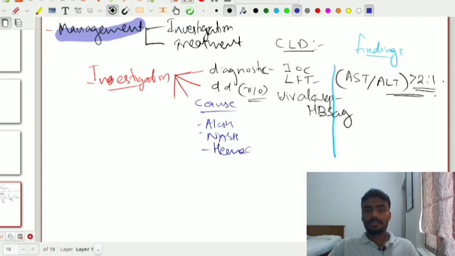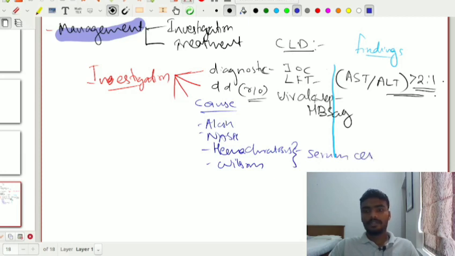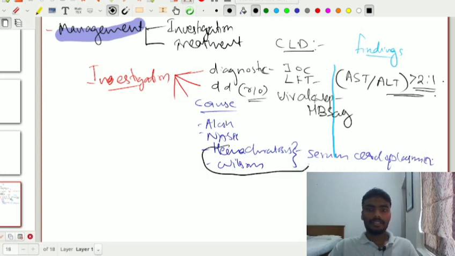Suppose hemochromatosis is a part of chronic liver disease, right? Then Wilson's disease, so serum ceruloplasmin levels. This is an example, right? So this is important to rule out the cause of iron related or copper related metabolisms as a cause of chronic liver disease.